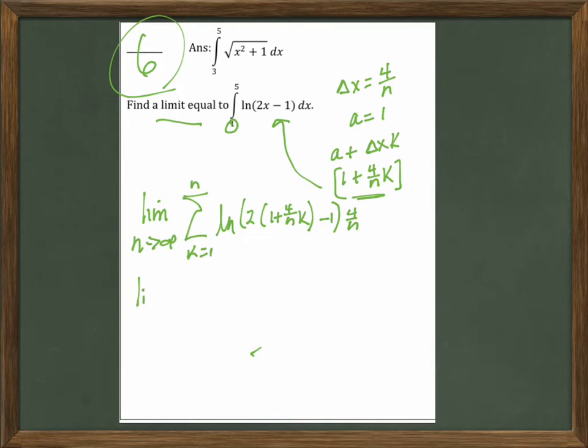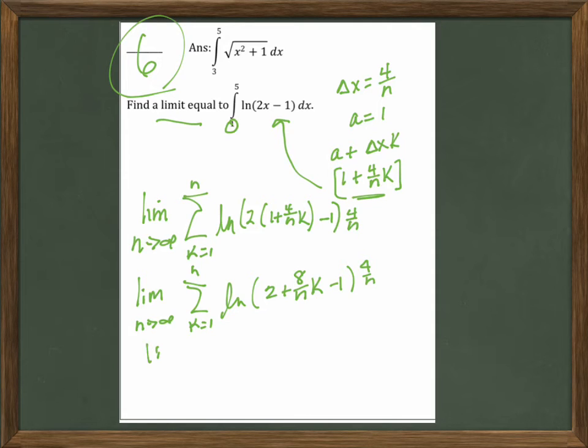So we can simplify this. Limit as n goes to infinity of k equals 1 to n of ln of 2 plus 8 over nk minus 1, and then times 4 over n.